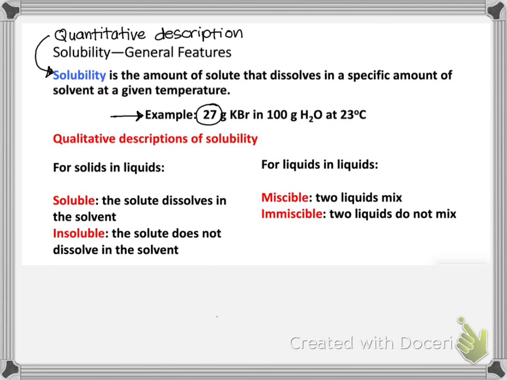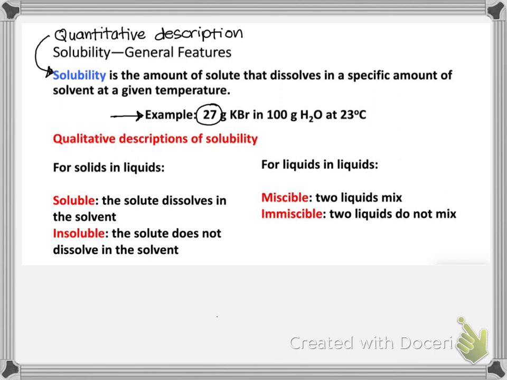So we know that up to 27 grams, potassium bromide would dissolve. Okay, so that's quantitative. It tells us how much can dissolve. And we'll talk a little bit more about that on the next slide, the how much.